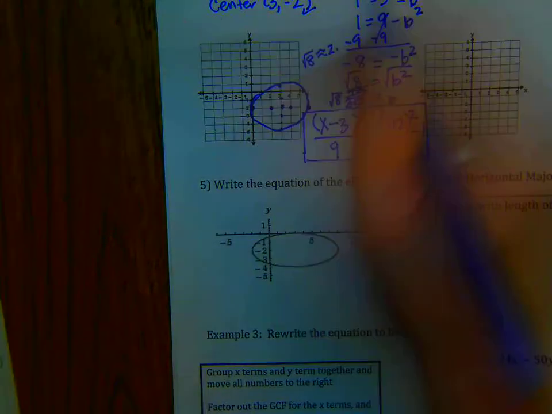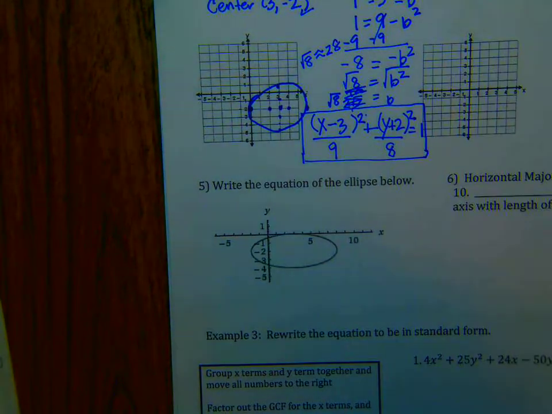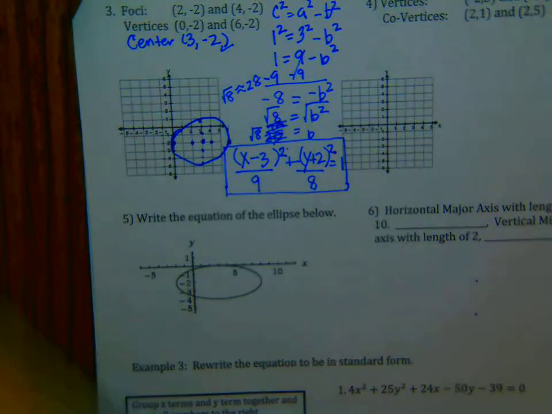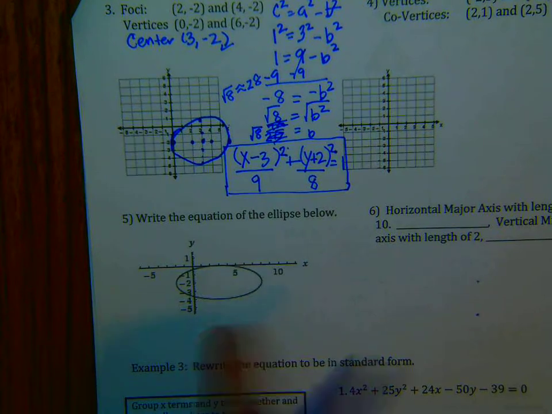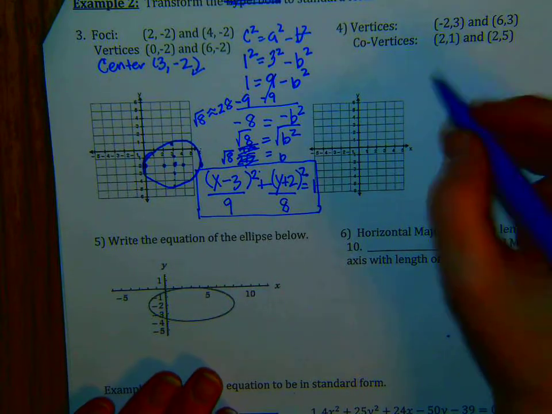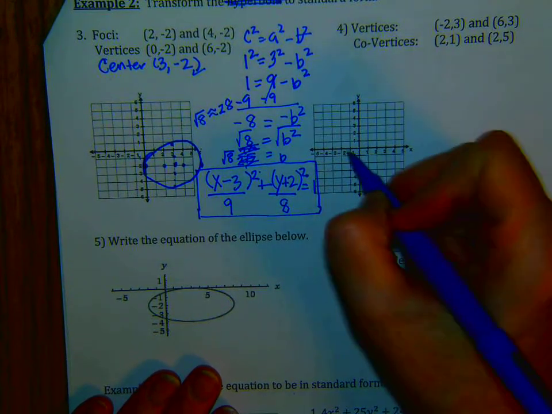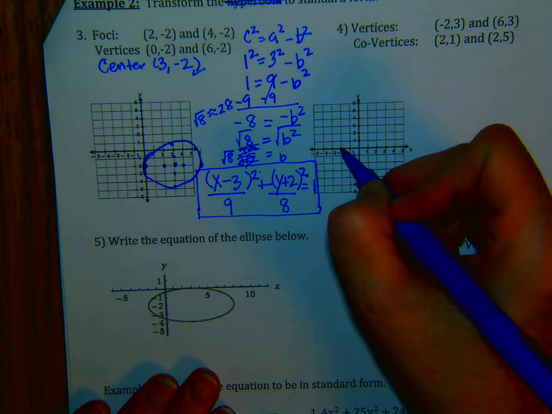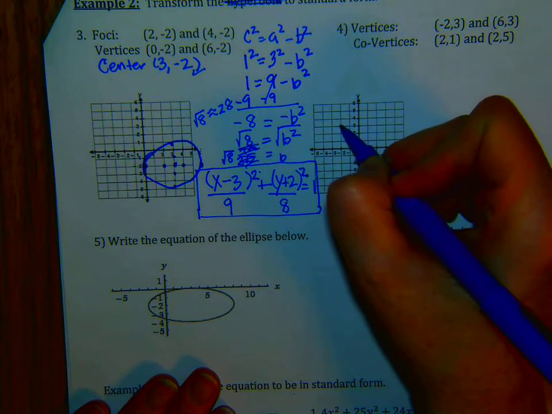Okay, let's do this again. And then I'm going to let you do 5 and 6 on your own. Okay, vertices are (-2, 3) and (6, 3), so that's the long side.